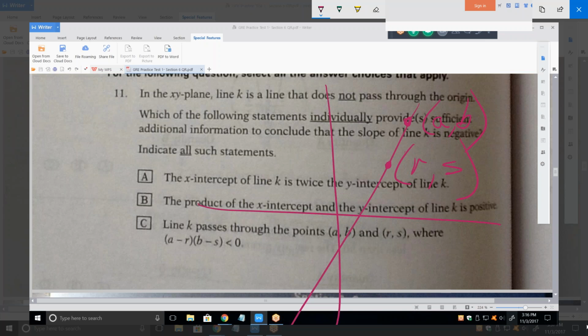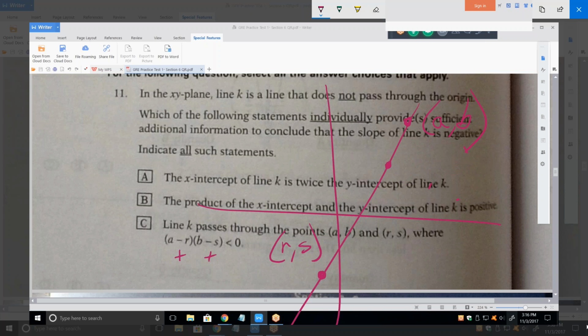A minus R would be positive. How about B minus S? Also positive, greater than 0. So this line doesn't prove it, right? Correct. Let's put my R, S in negative territory. That's a good option, because my first R, S was in positive territory, both of them. So if I try negative territory, I'm going to learn a different circumstance.